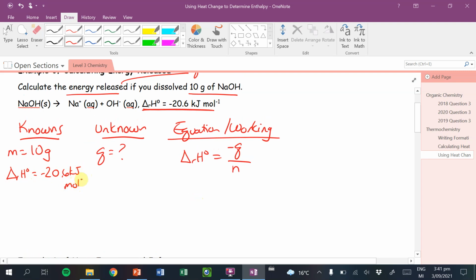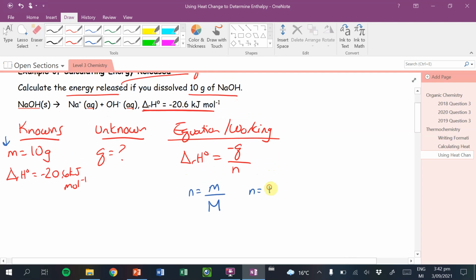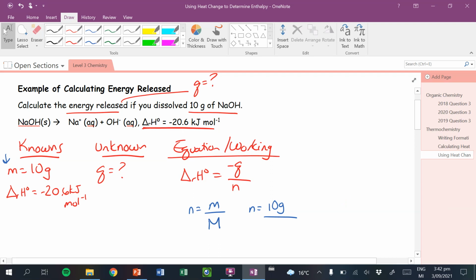So first thing I'm going to do is convert this into moles. The way I do that, if you guys remember, is that moles is equal to mass divided by the molecular mass. So I am doing 10 grams, and I'm dividing it by the molar mass of the sodium hydroxide.